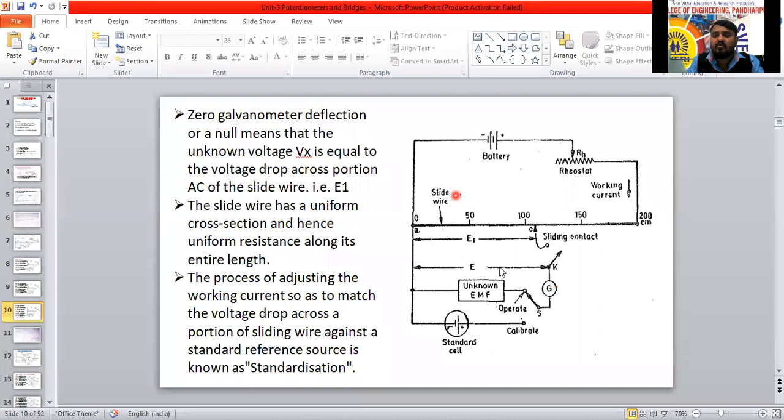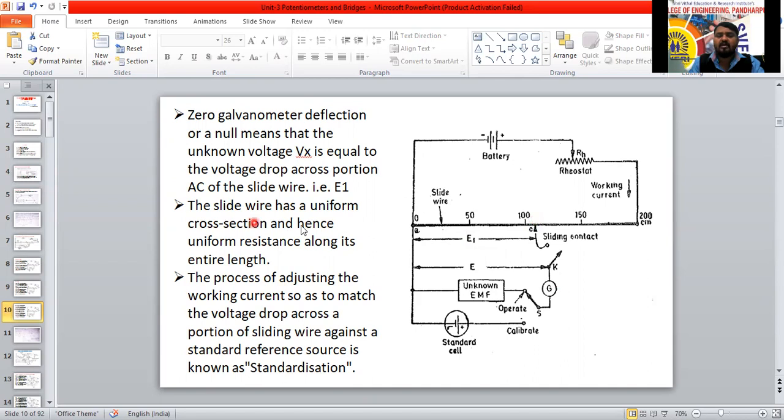Unknown voltage Vx is equal to the voltage drop across portion AC of a slide wire. This is the portion we are going to use here. Vx equals E1. This is the voltage we are going to measure.